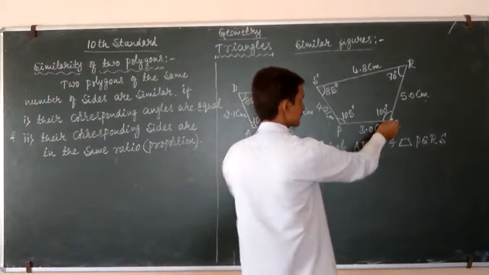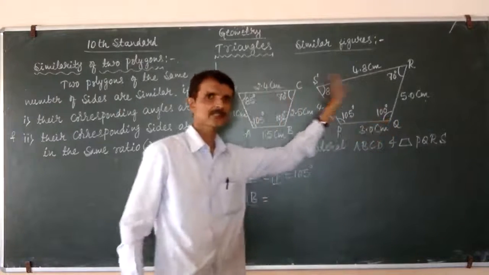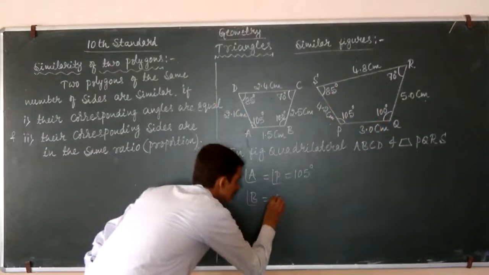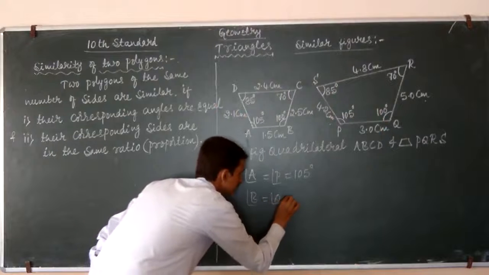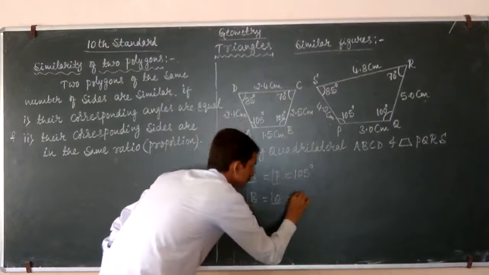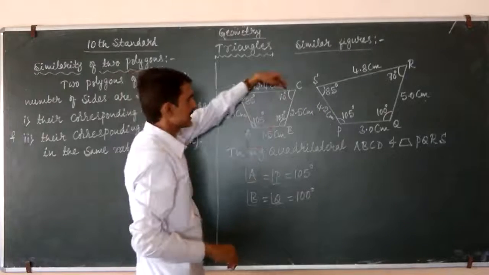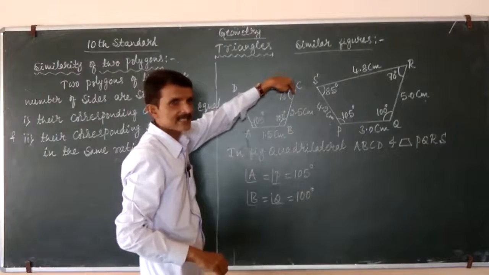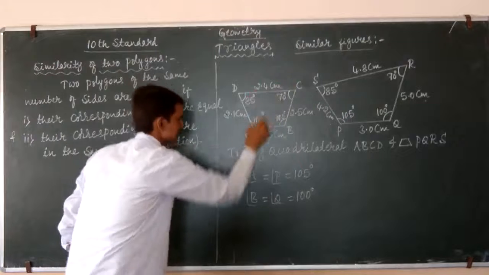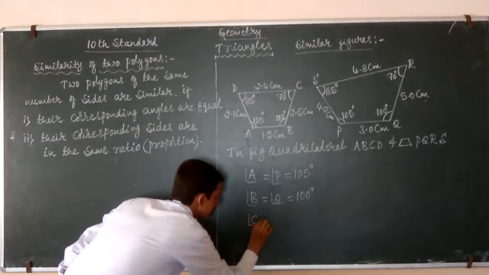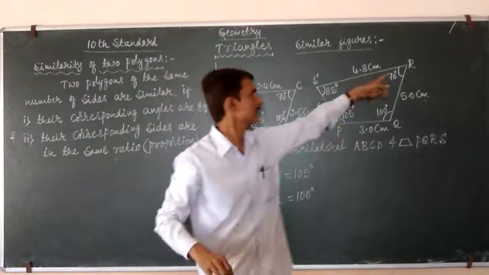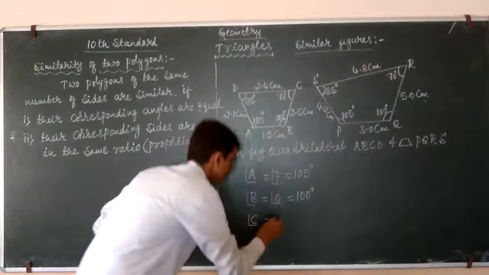In this quadrilateral, angle Q is 100 degrees. Therefore, angle B equals angle Q equals 100 degrees. Next angle is C. Angle C is 70 degrees. Angle C equals angle R.